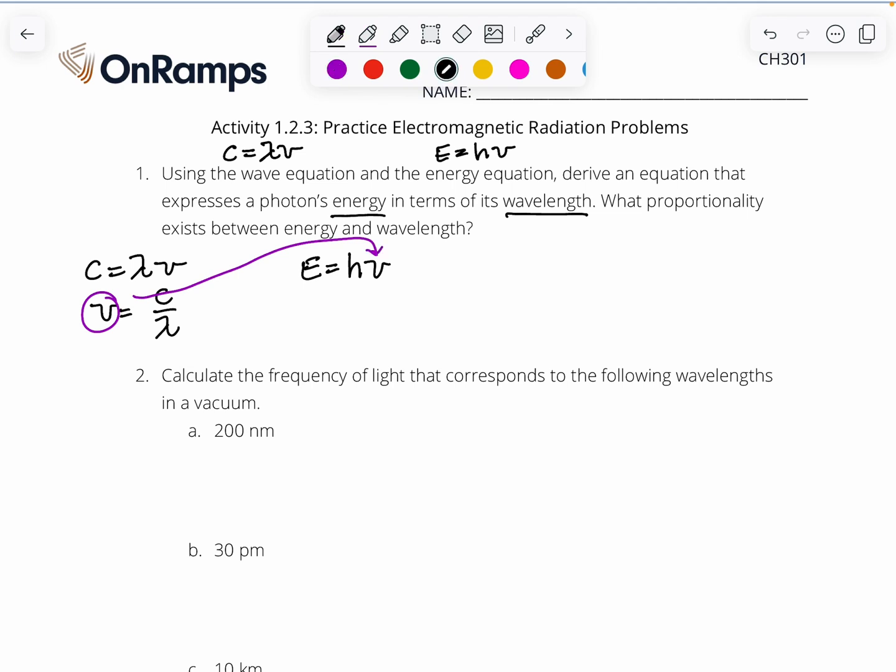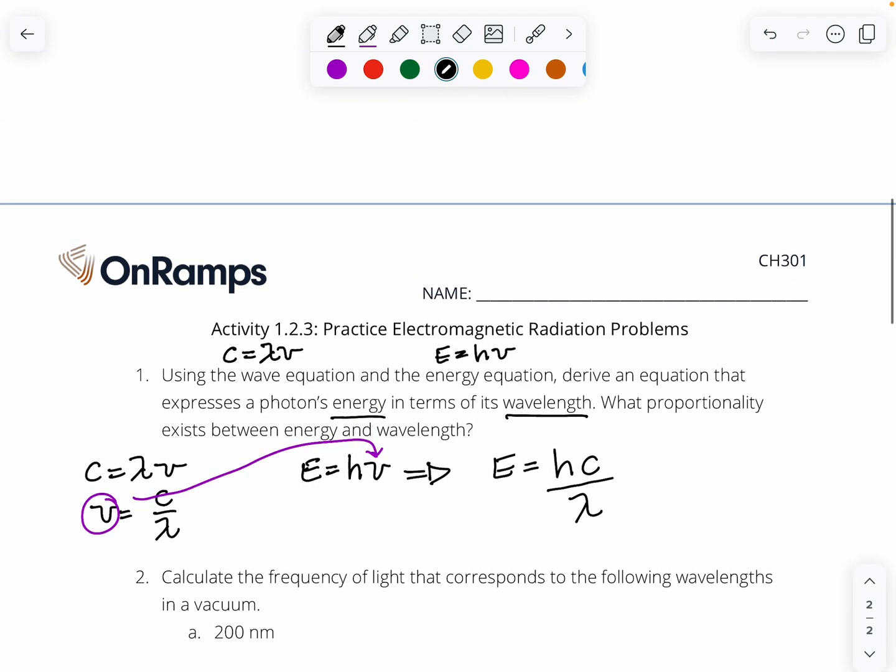So then that's going to give us energy equals Planck's constant times the speed of light divided by wavelength. In this case, we finally have our energy equation in terms of wavelength, not just frequency.